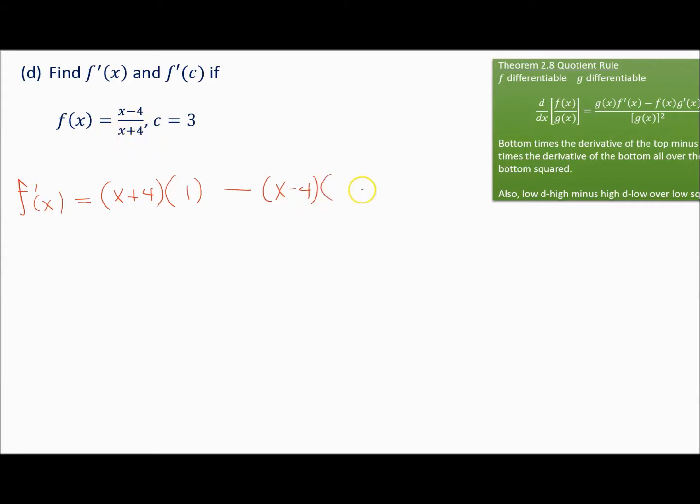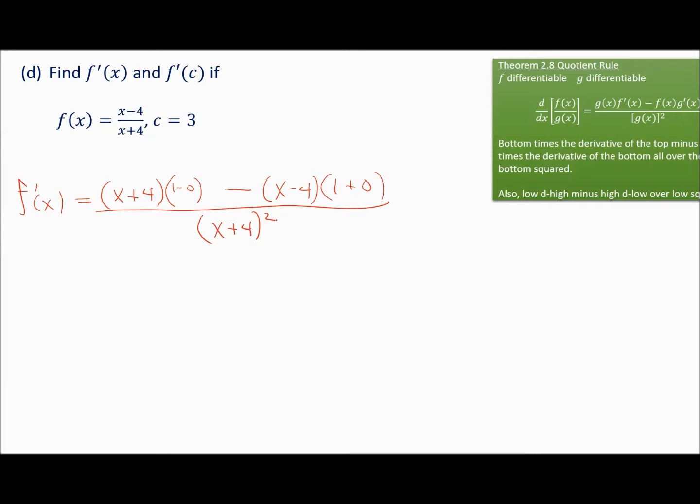What's the derivative of x plus 4? Well, the derivative of x is 1, right? The derivative of 4 is 0. And I probably should have written 1 plus 0 when I did it here as well, or 1 minus 0 in that case. Divided by, don't forget the denominator, and it's the denominator squared. So this is going to be x plus 4 squared.